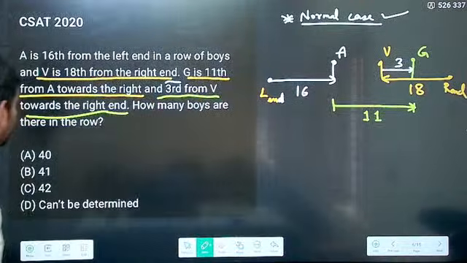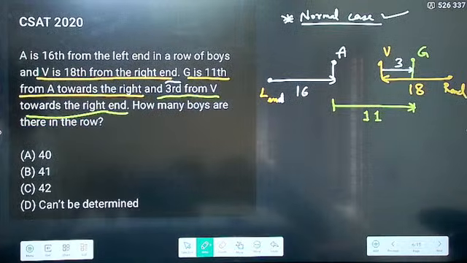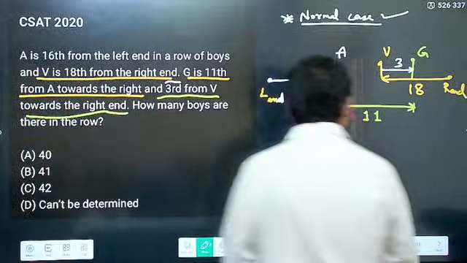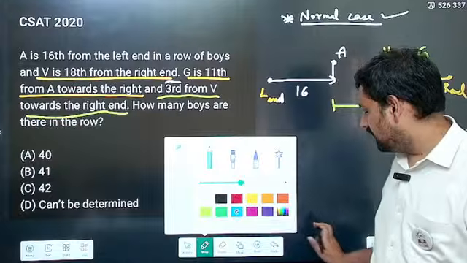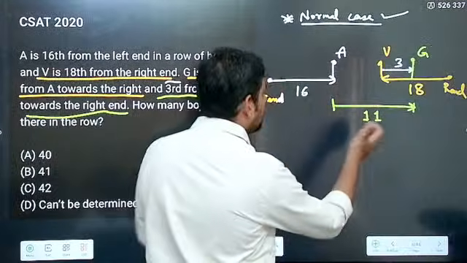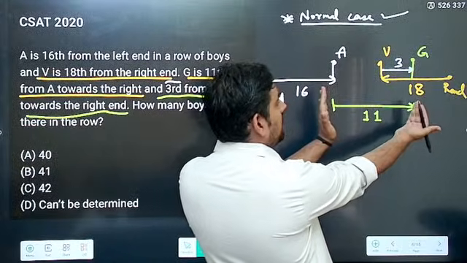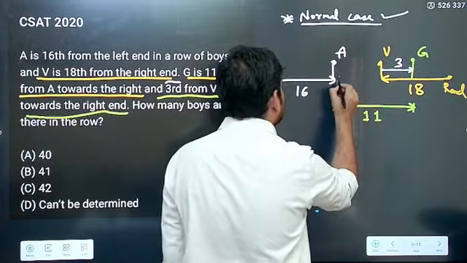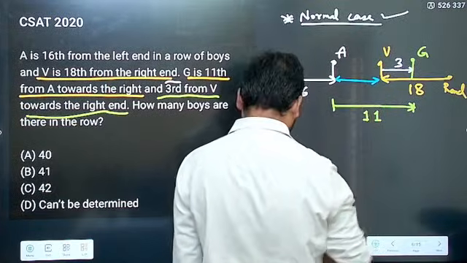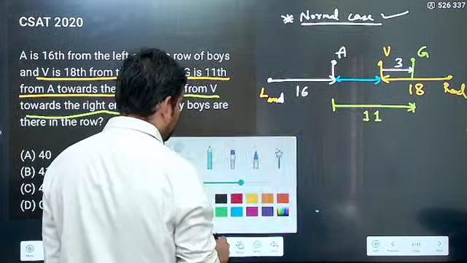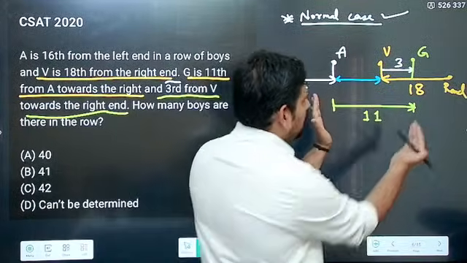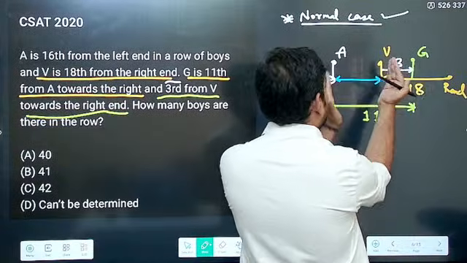Now, how many boys are there in the row? Now it is very easy. Let's pick another color. So basically, if this whole is 11, this is 3. What is this length? So 3 is gone.